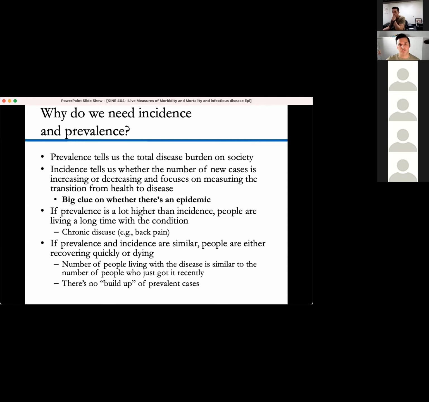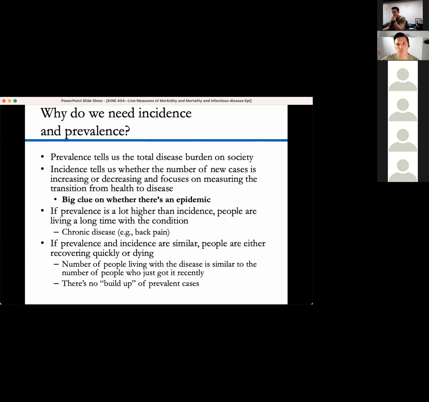As the number of people with the disease out of the total population at risk increases, that means that the overall risk in our population is increasing. So as we see the incidence of COVID-19 increasing, because it's fairly easy to spread from person to person, that means that the overall risk in the population increases. And that is also a big clue on whether or not there's an epidemic.